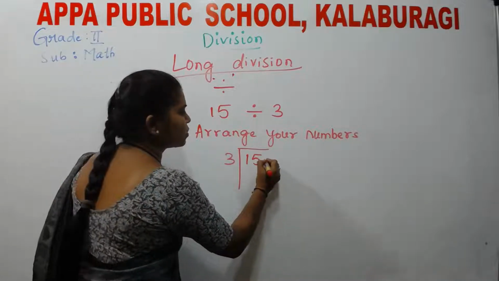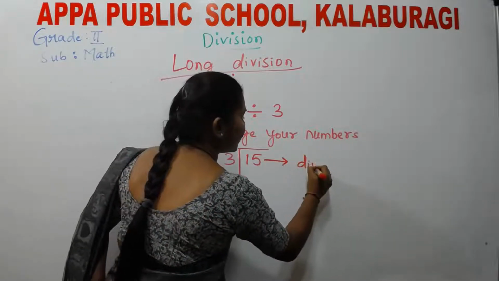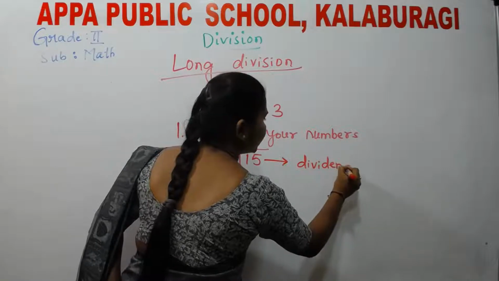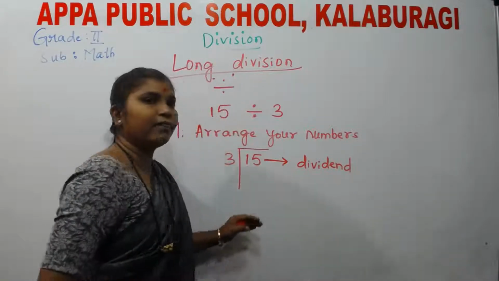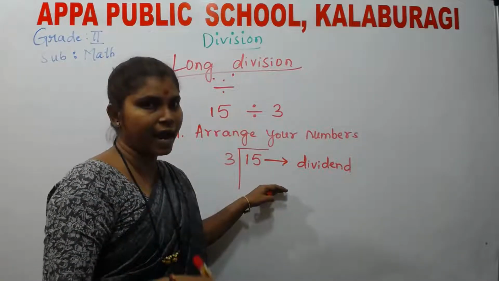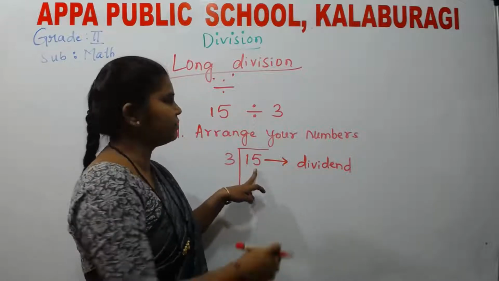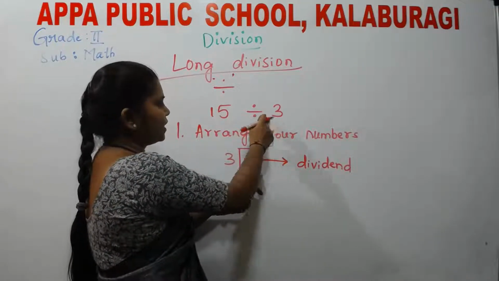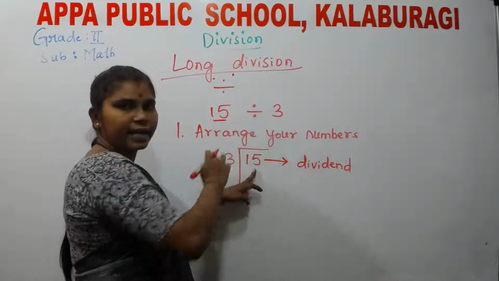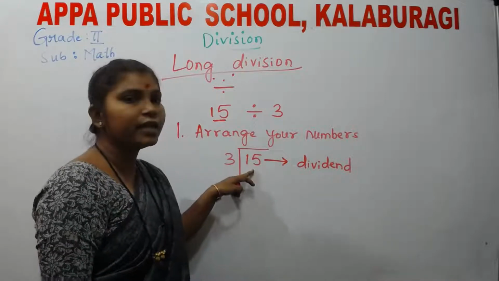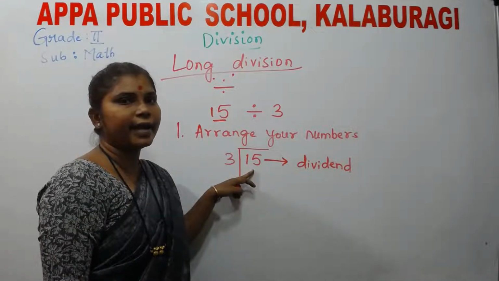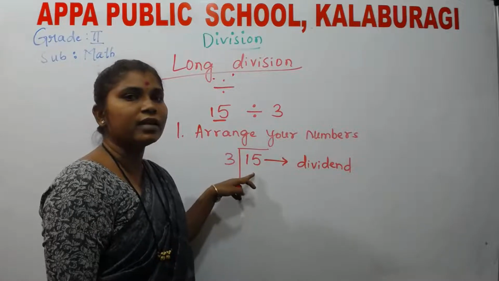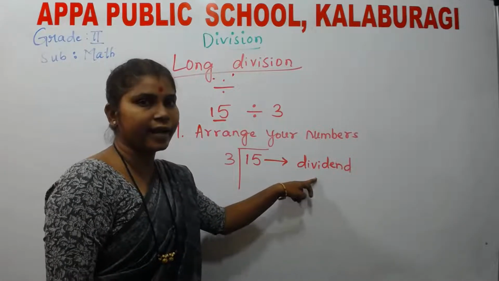Your 15 is called the dividend. What is it? The number which has to be divided. 15 divided by 3. This number has to be divided by 3. So this 15 is called the dividend. I repeat, 15 is called the dividend.